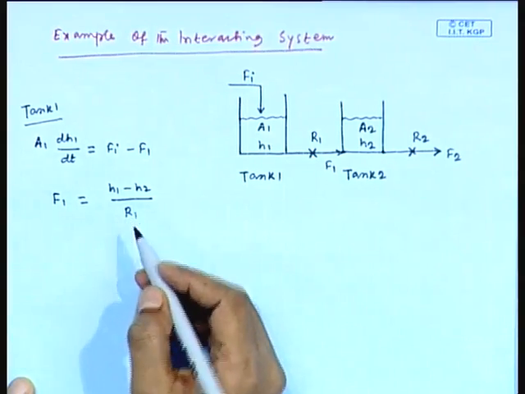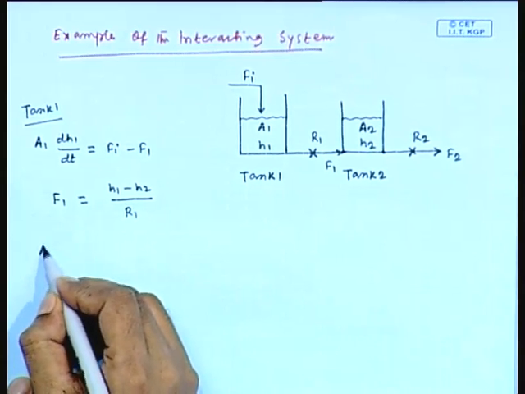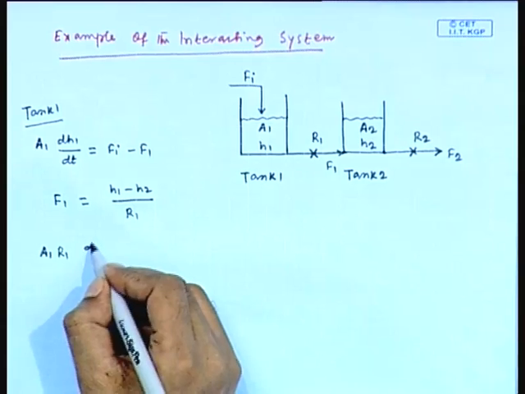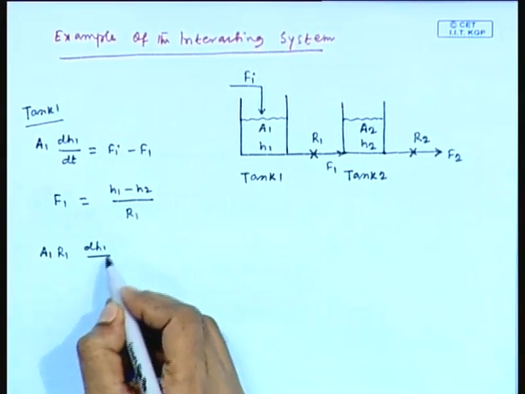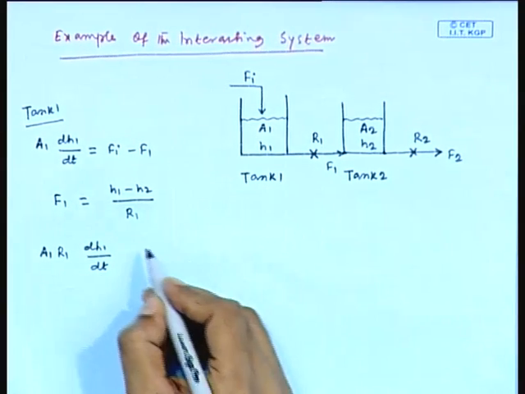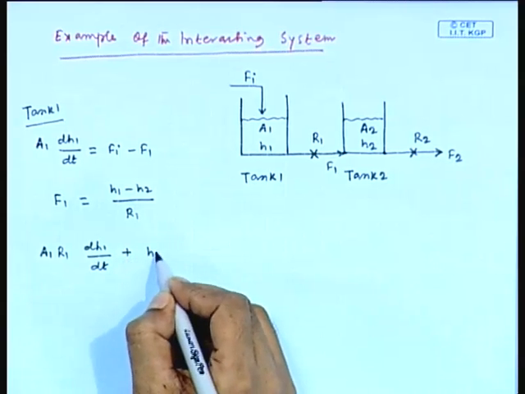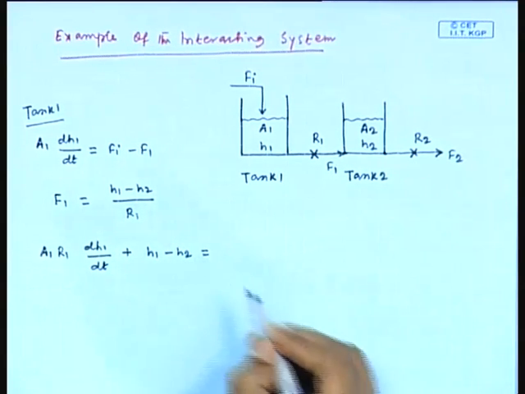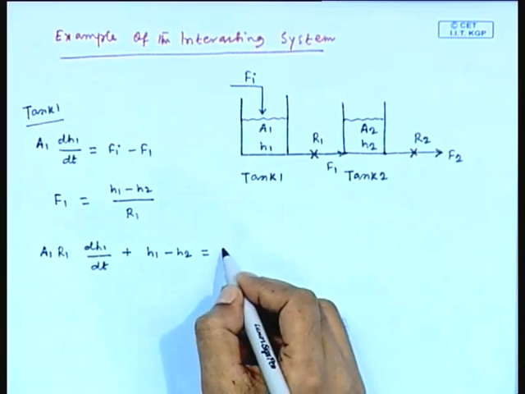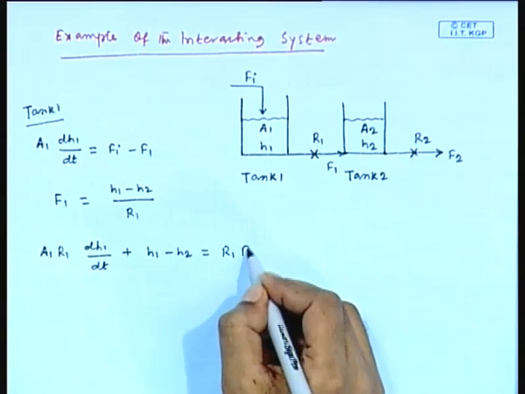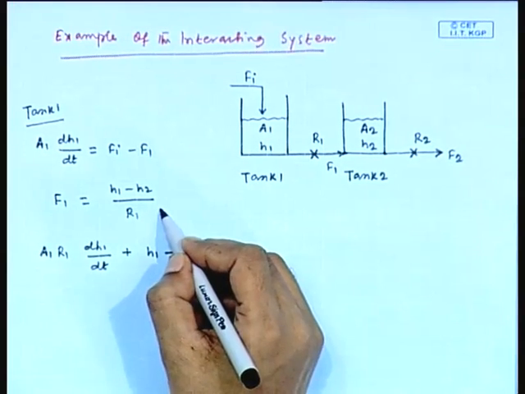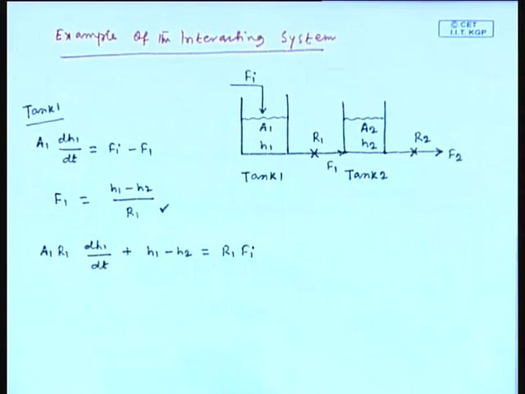So, if we substitute this, then we obtain A1 R1 dH1 dt plus H1 minus H2 equals R1 Fi. If we substitute the expression of F1 in the modeling equation, then we get this equation.